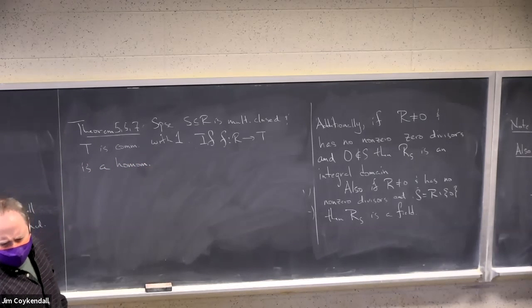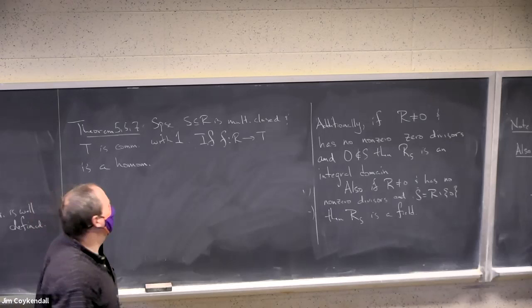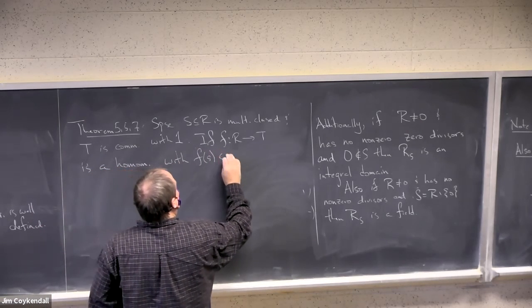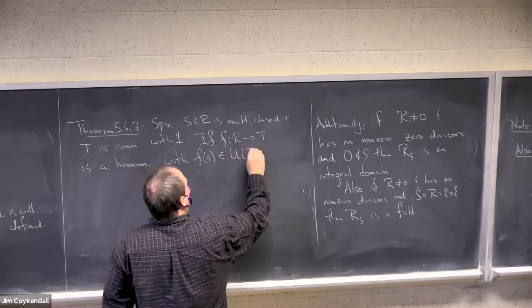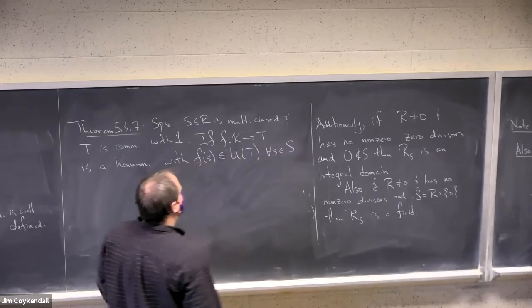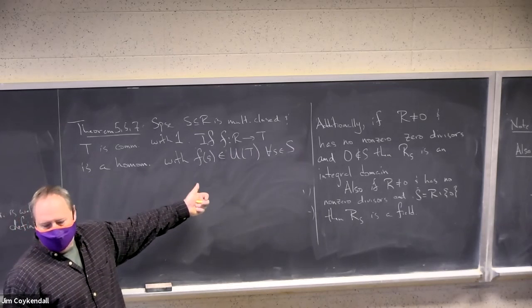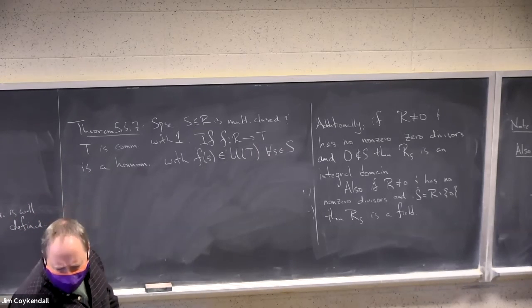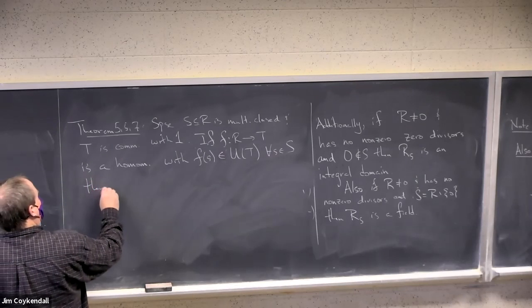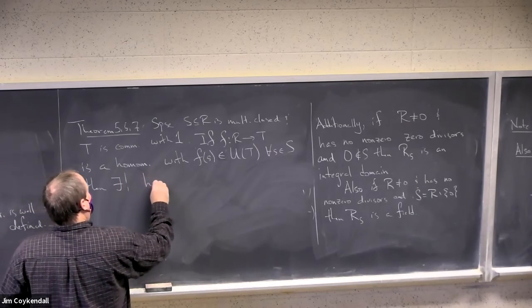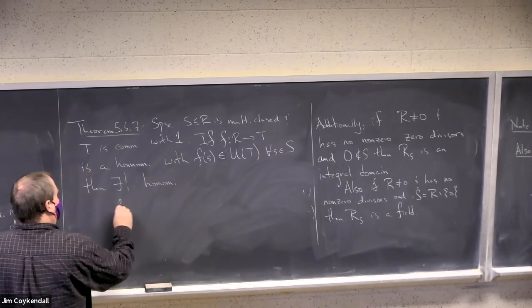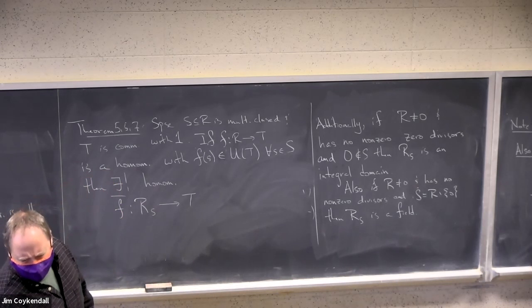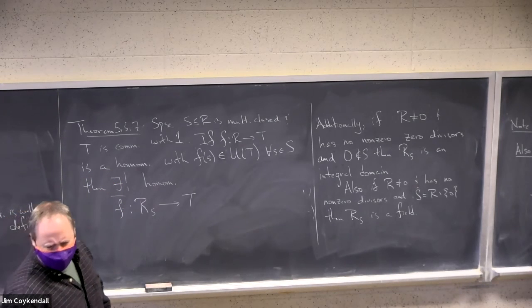This is a homomorphism from R to T with F of S contained in the units of T, for all S in S. So in other words, it takes every denominator to a unit in T, right? That's the condition there. Then there exists a unique homomorphism, we'll say F bar, the localized F, from R_S to T, such that F bar composed with P of S equals F. And R_S is determined up to isomorphism.